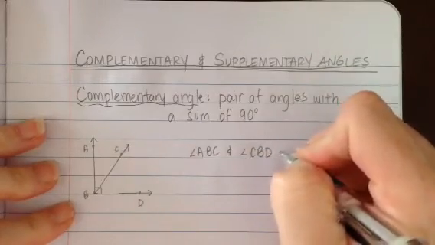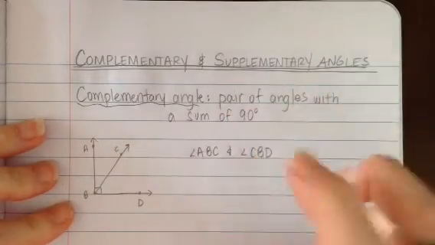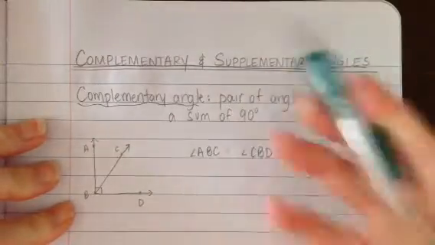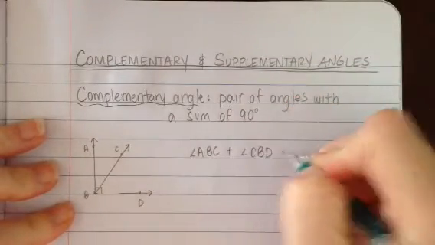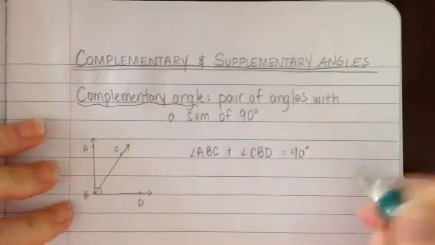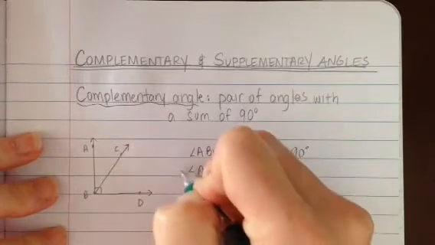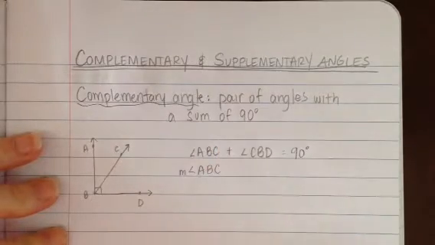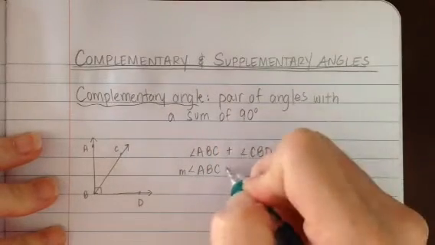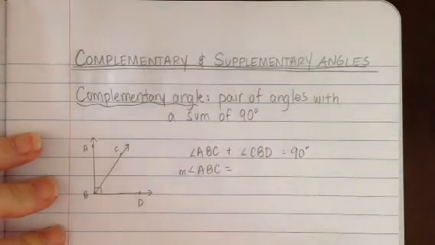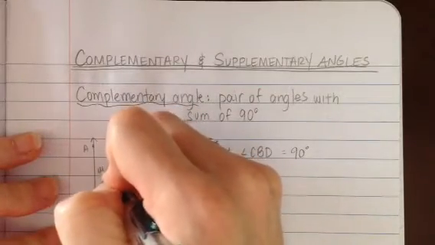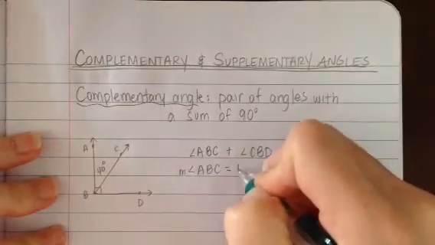So that plus that would equal 90 degrees. All right, so let's just say we know that the measure of angle ABC, sometimes you see this little m, that means the measure of angle ABC, is, let's say this is 40 degrees.